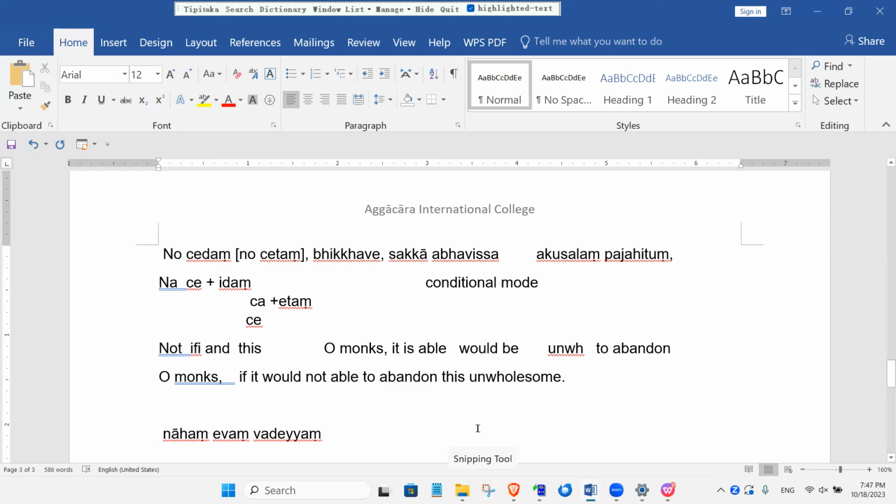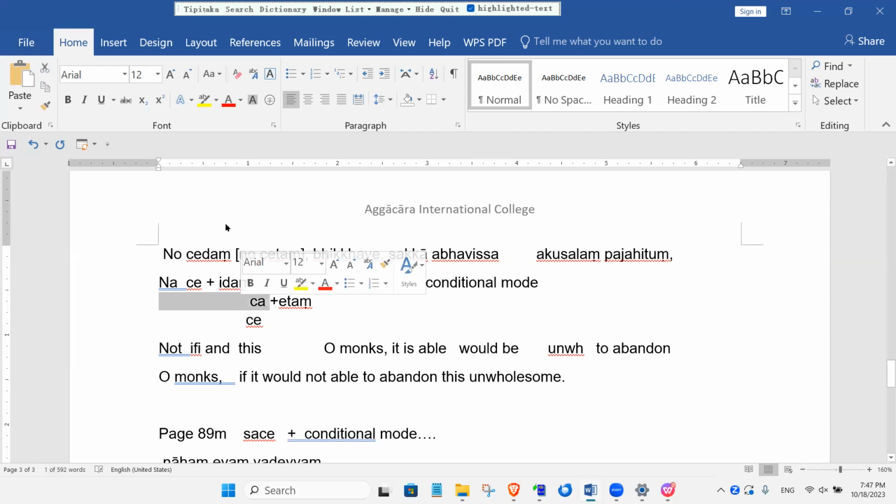Okay, so this will be page 89. You can use the word "sache" plus the conditional mode. So here will be "che", not this "cha".